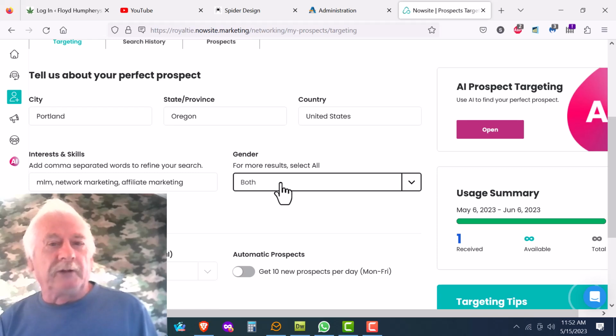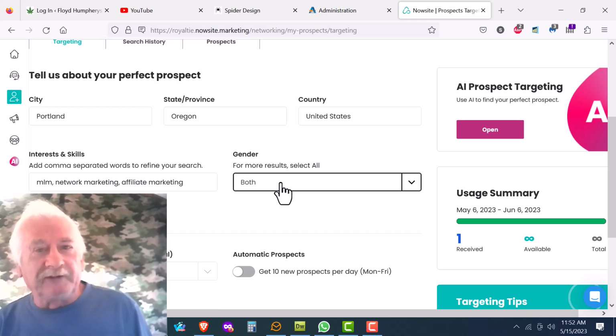Now you've got another list, which would be members, the people that you've already enrolled. However many you've enrolled, those are all members, and that's a good list, because those are people you can work with to help them be successful, which is sometimes easier than going and finding new ones. So anyway, that's a different list.